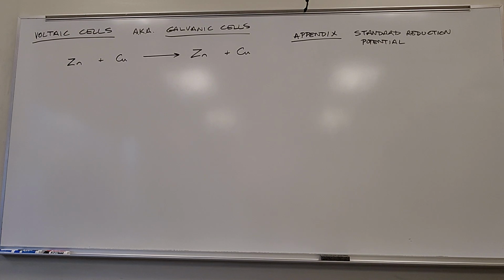Zinc is 4s2 3d10. It has a filled S shell that is losable, S electrons. You can lose those. And it has a filled D shell.